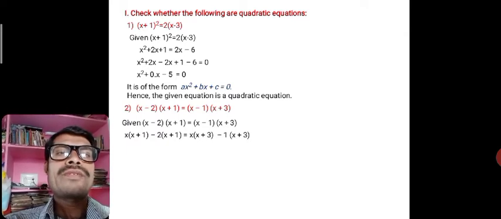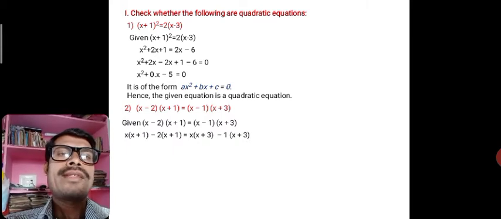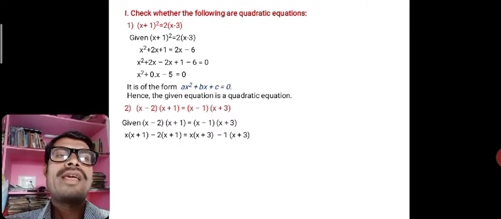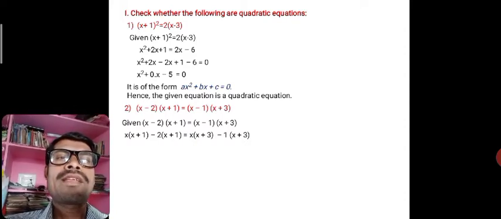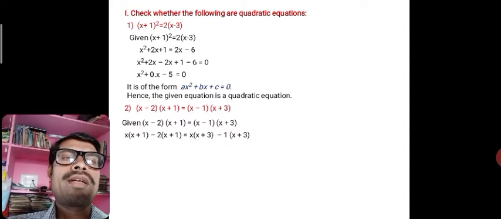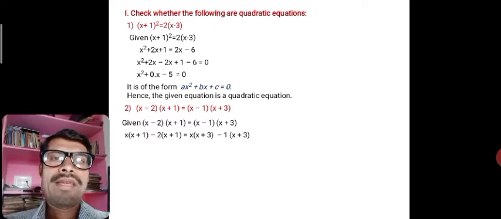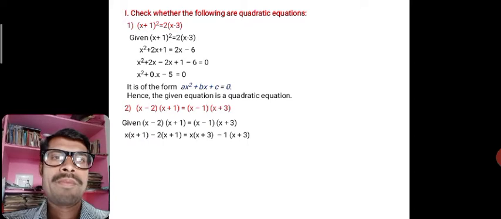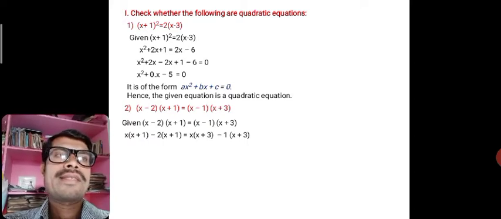x into x plus 1 minus 2 into x plus 1 is equal to x into x plus 3 minus 1 into x plus 3. That means multiply x plus 1 with x minus 2, and multiply x plus 3 into x minus 1, by the distributive property. Now multiply x with x plus 1, you get x square plus x here.